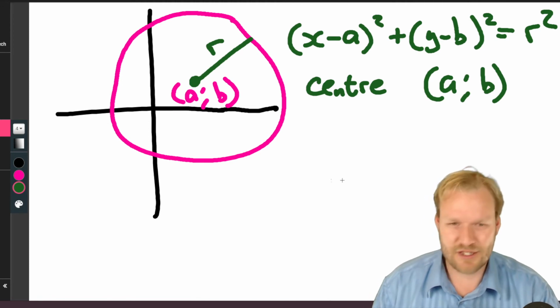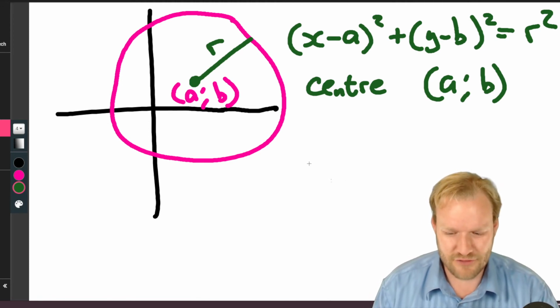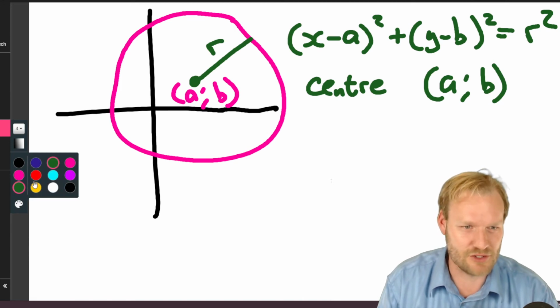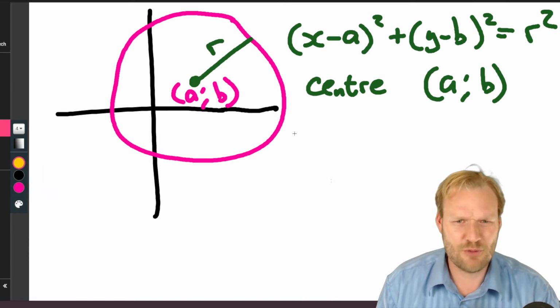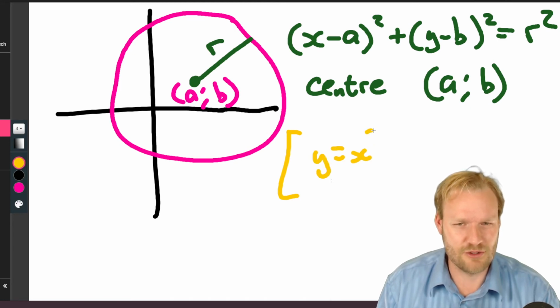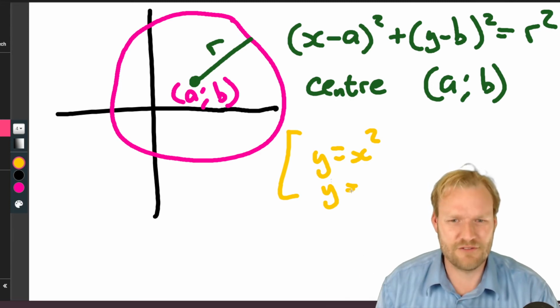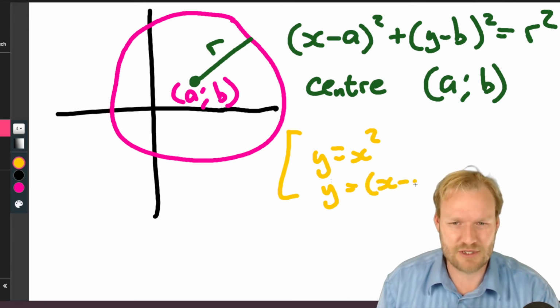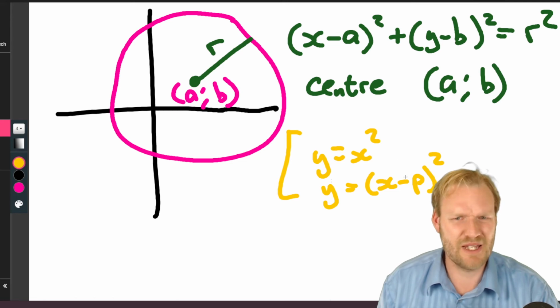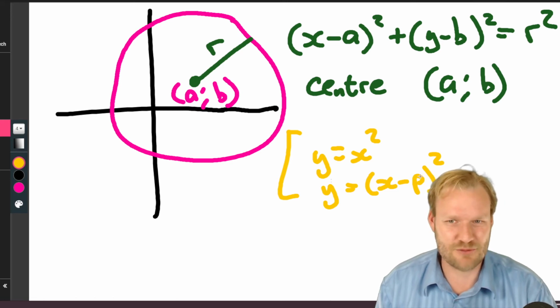Now, the only thing to maybe make reference to here before we do a couple of examples is, do you remember when we did the parabola? You started with y = x², and then at some stage you went, but what happens if we move this graph left and right? You went, oh, y = (x - p)². Remember that idea of moving it left and right? You had subtracted this p.